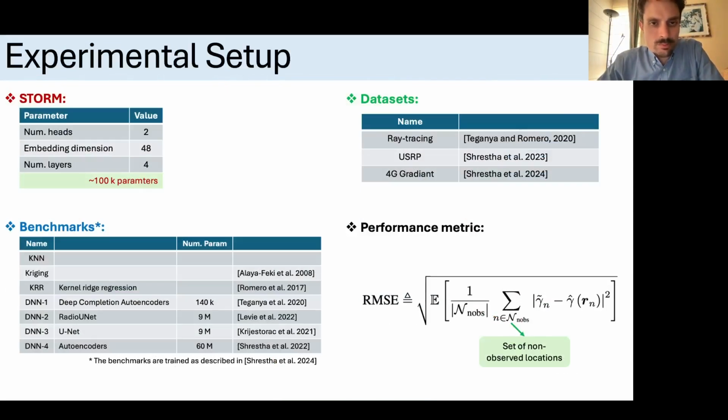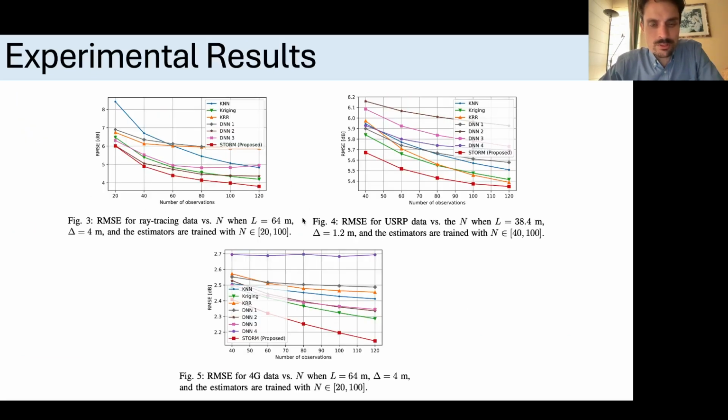So let me show some numerical results. We will be comparing the proposed estimator with just 100,000 parameters with traditional and deep learning estimators. Deep learning estimators have more, or significantly more, parameters than the proposed algorithm. So in these figures, we see that the proposed algorithm outperforms all existing estimators, and this is not surprising.